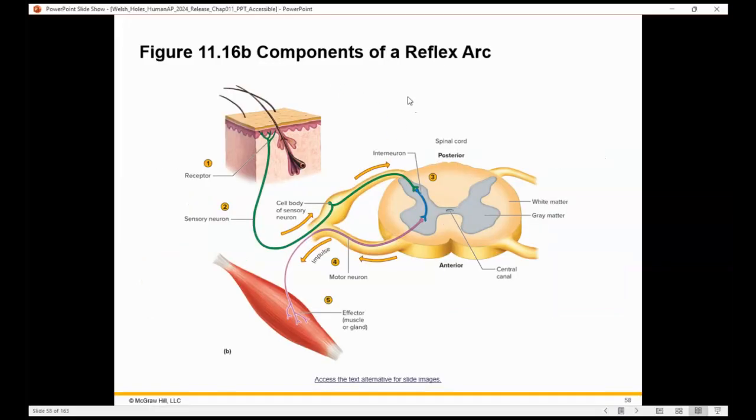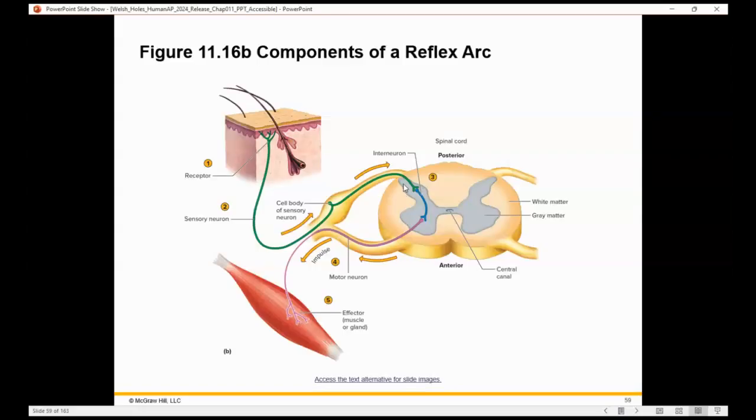Okay, this figure shows you the components of a reflex arc. So you have a receptor, and here it shows a receptor in the skin, maybe a pain receptor. And that information flows to the sensory neuron. It goes into the posterior root, going into the spinal cord. Okay, so you have a sensory neuron here, basically in that posterior root.